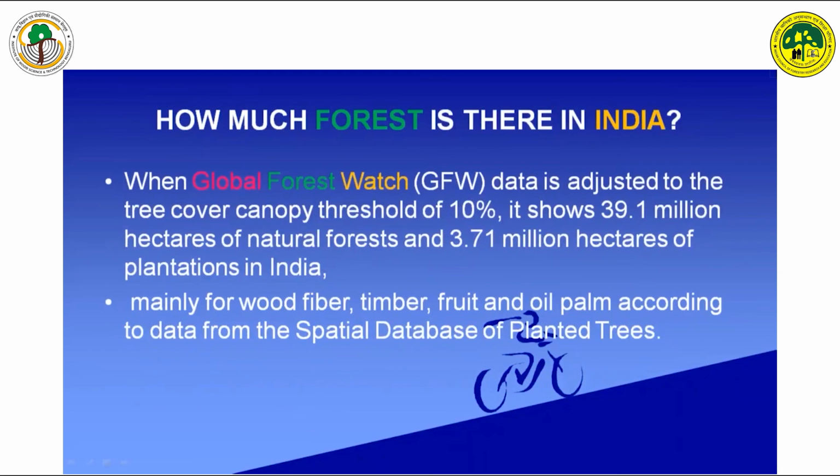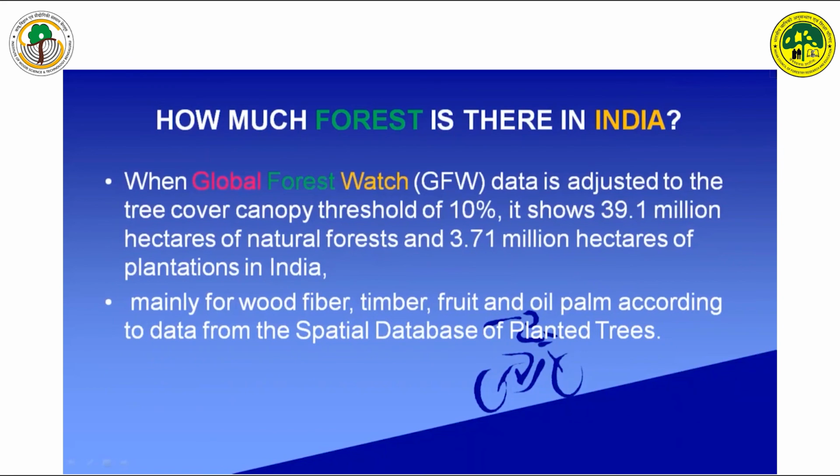Then how much forest is there in India? According to Global Forest Watch, with the data adjusted to a tree cover canopy threshold of 10%, it shows 39.1 million hectares of natural forest and 3.71 billion hectares of plantation in India.